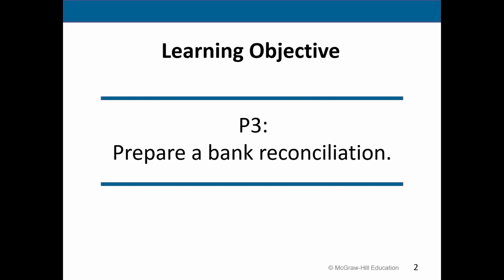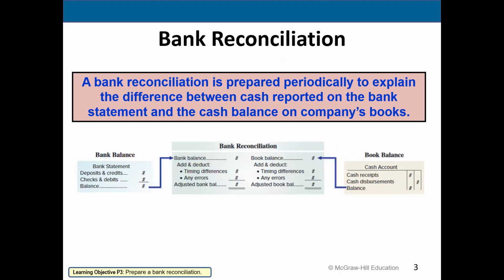So I wanted to go over just briefly how to prepare a bank reconciliation. Everything about a bank reconciliation has to do with timing differences, because obviously cash is cash, right? So every single thing we do has to do with timing differences.